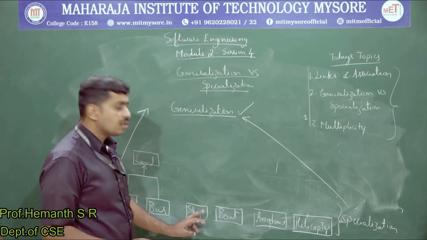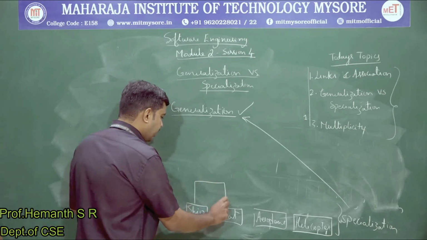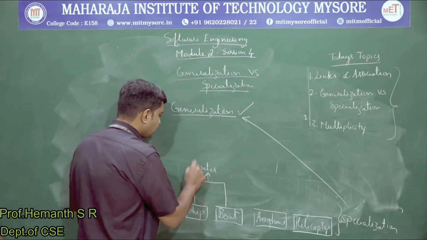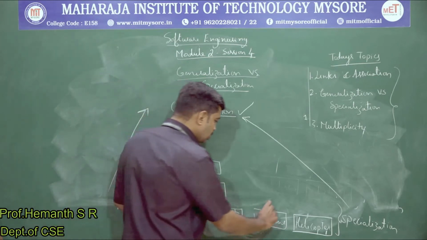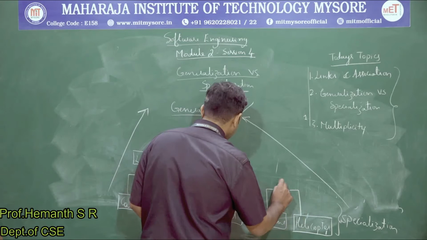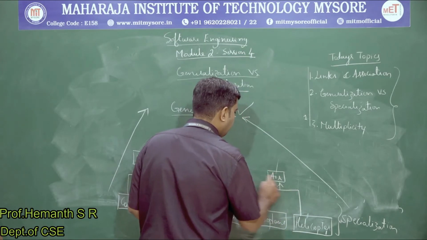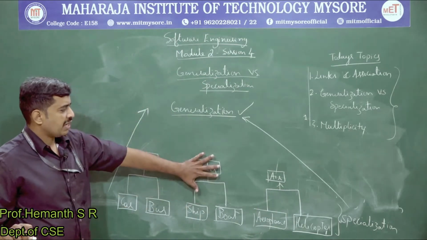In similar lines, a ship and boat traverse on water. Aeroplane and helicopter use air as a medium for traveling. So this was one level of generalization.